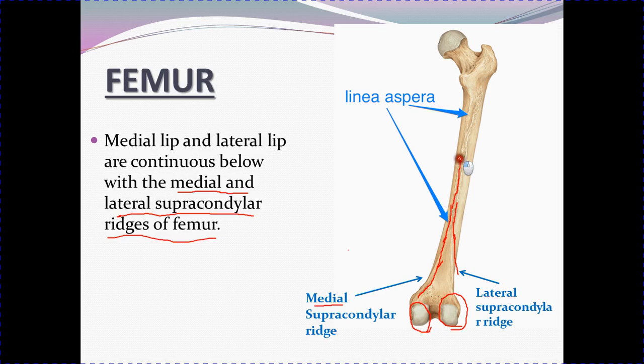In the upper part, the medial lip is continuous with the spiral line, and the lateral lip is continuous with the gluteal tuberosity, while in the lower part, the medial lip is continuous with the medial supracondylar ridge, and the lateral lip is continuous with the lateral supracondylar ridge of the femur.